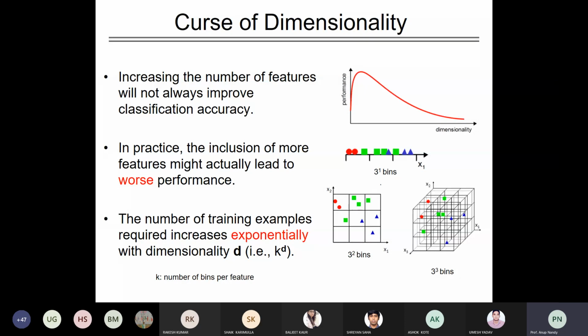Increasing the number of features will not necessarily always improve the classification accuracy. If you just increase the features without investigating whether they are really important to improve classification accuracy, then obviously you will incur more misclassification error.